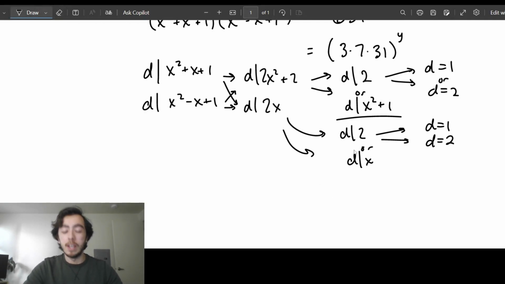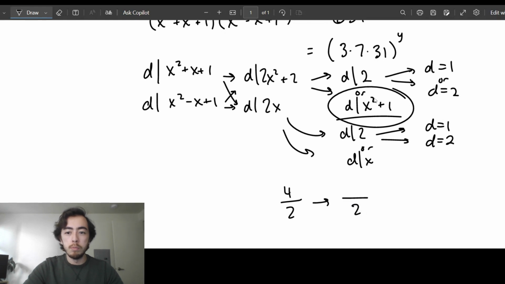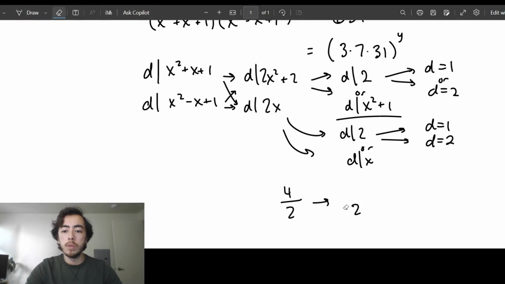Because if, say, for example, D divides x, we could just pick some numbers here for a sec, like 2 and 4. This claim over here just wouldn't be true anymore. D would be still 2, but then x squared plus 1 is 16 plus 1. So this divisor would clearly divide that first number, but then it wouldn't divide anything one more. And so if I hold both of those claims to be true together, then that must force D to be equal to 1.